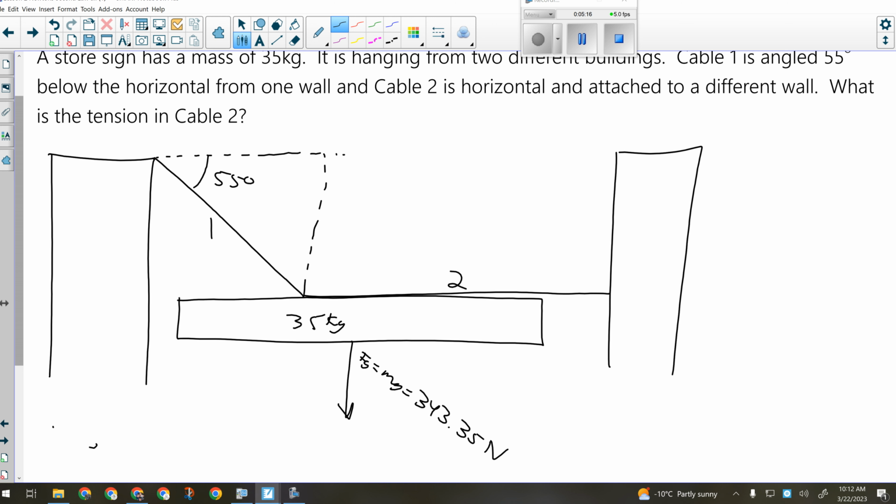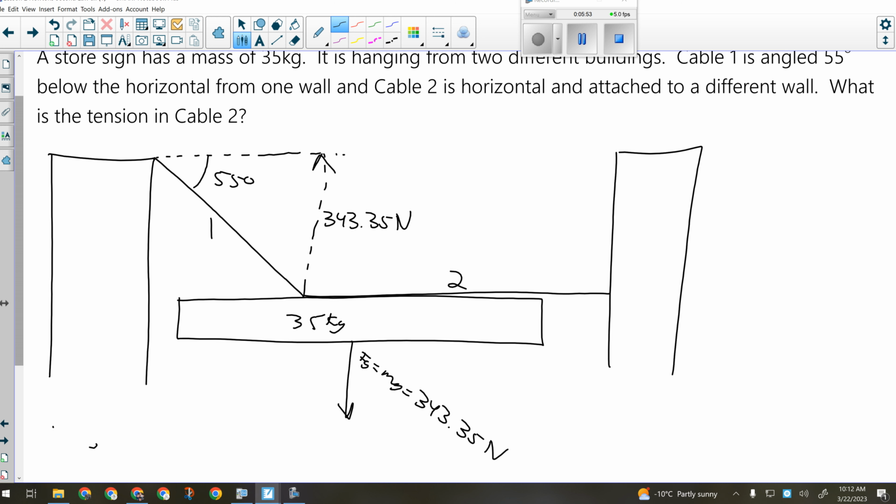How big is that opposite side that I just drew that is its vertical component? 343.35. It has to be. It's the only thing that can pull up in this whole situation. Therefore, it has to be the thing that offsets the weight of this sign. So this side here is 343.35 newtons, because cable 2 can't help with that.